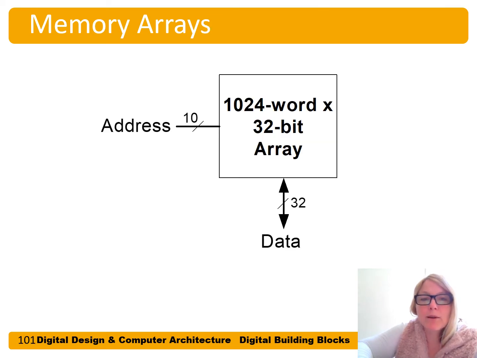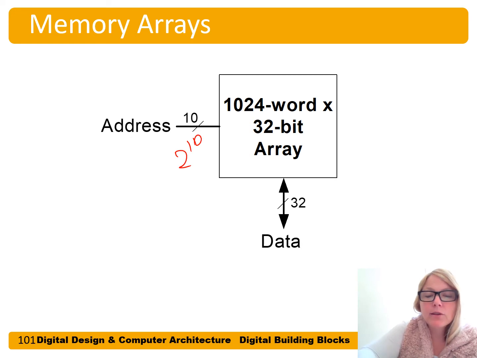Here's another memory array. We have 10 address bits. So we have 2 to the 10, or 1024, words stored in this array, and the word size is 32 bits. So we have 2 to the 10 entries and 32 bits per entry, right? Our word size is 32. So each of those rows contains 32 bits.